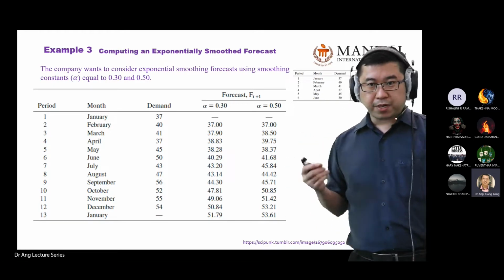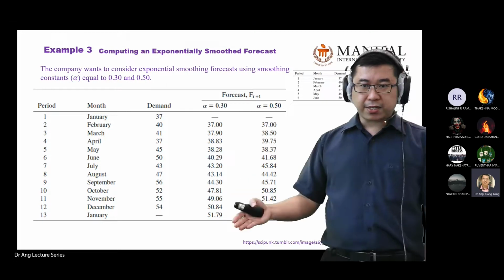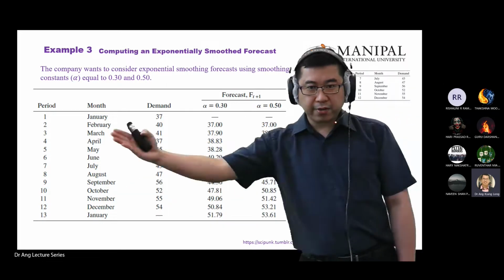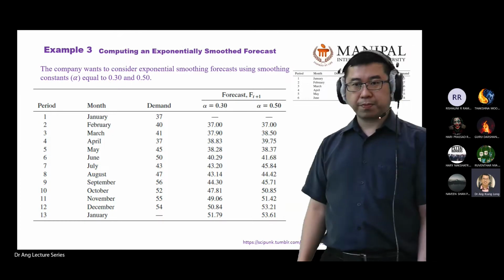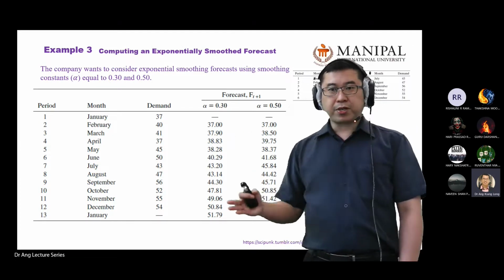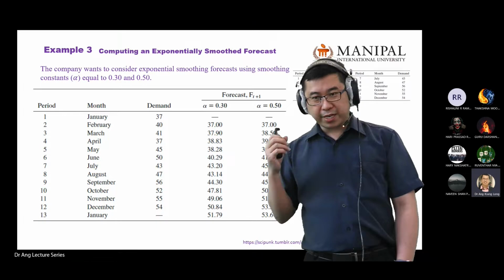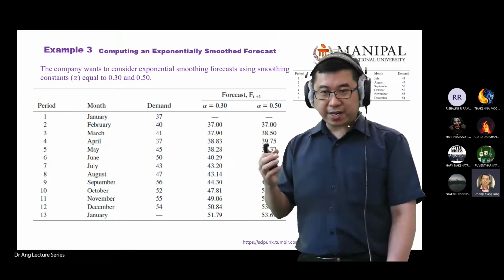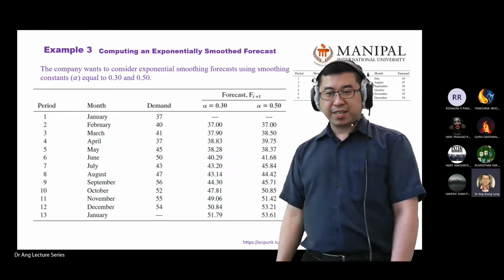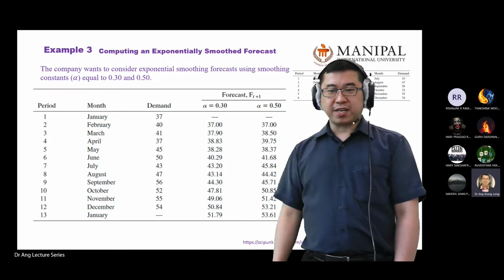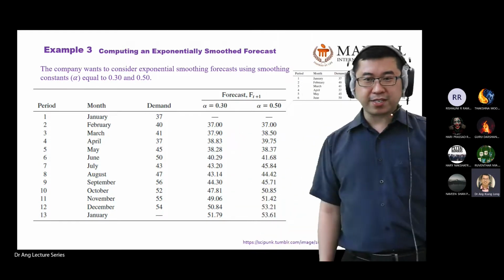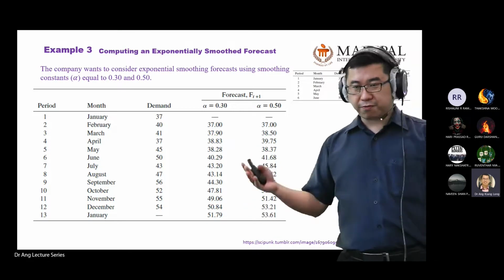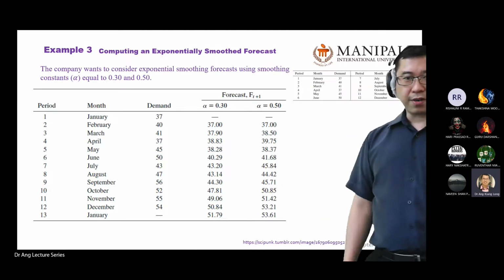We plot the forecast numbers against the month using Excel or other plotting tools. You can plot all these numbers. In exam.net, there is a mathematics plotting tool you can use if the question asks you, but normally I won't ask you to plot a graph because it's very time consuming.